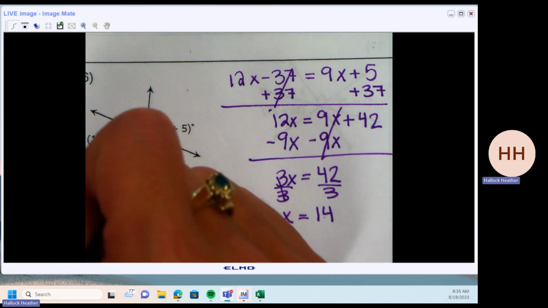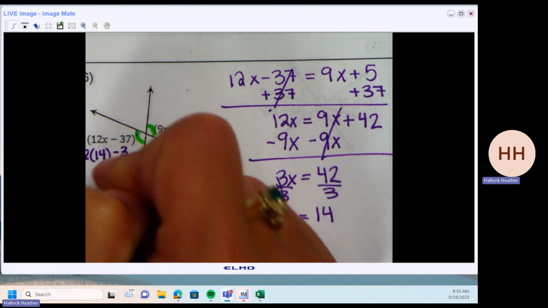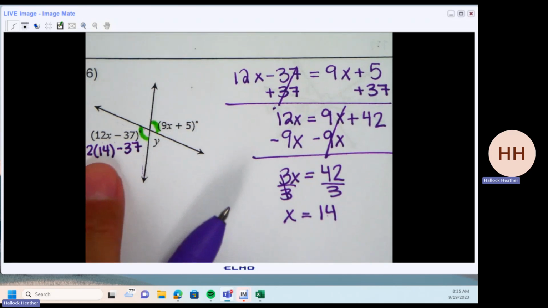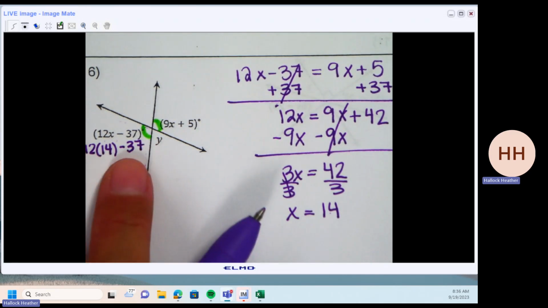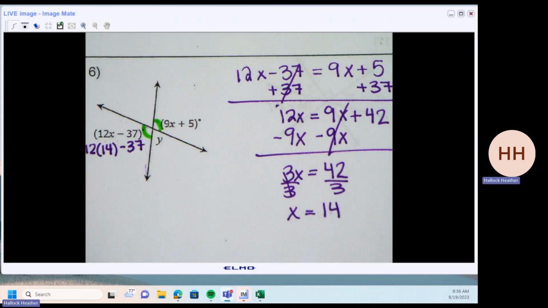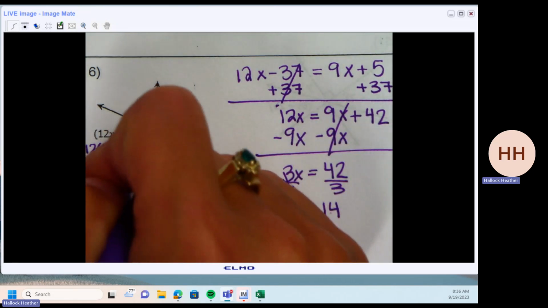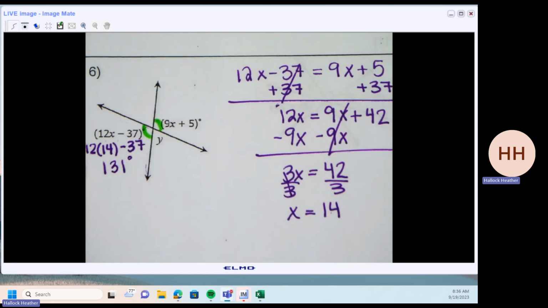So if I do 12 times 14 in a calculator, what's 12 times 14 and then minus 37? Is it 100? You're super close. The whole angle is 131 degrees. So that angle total is 131 degrees.